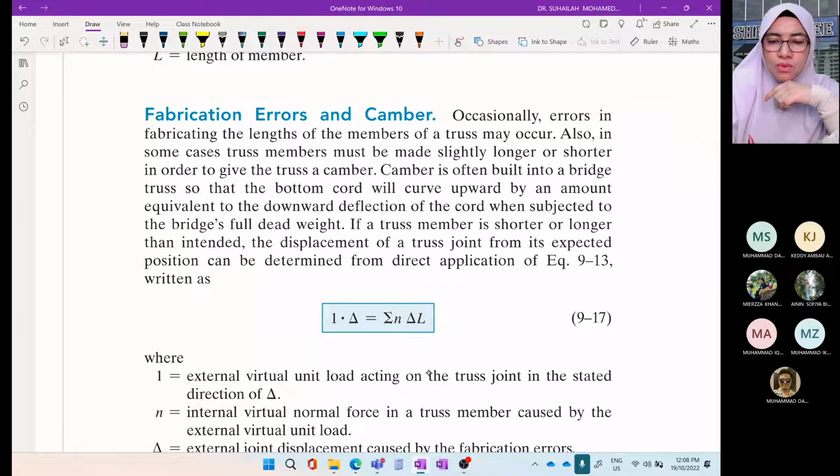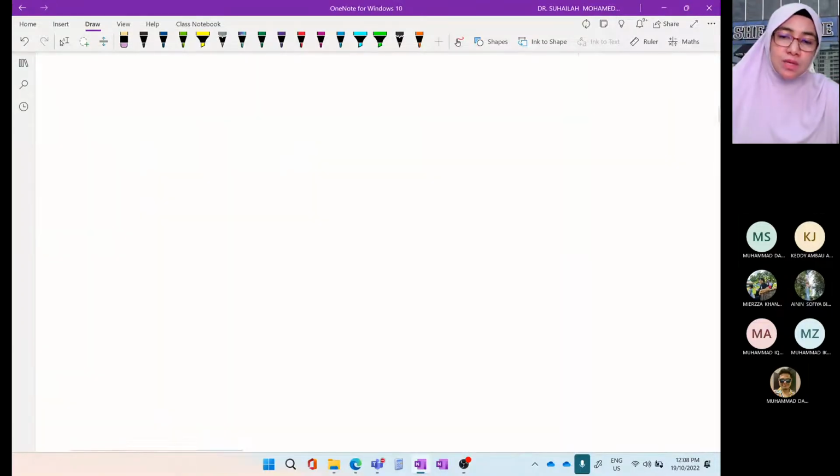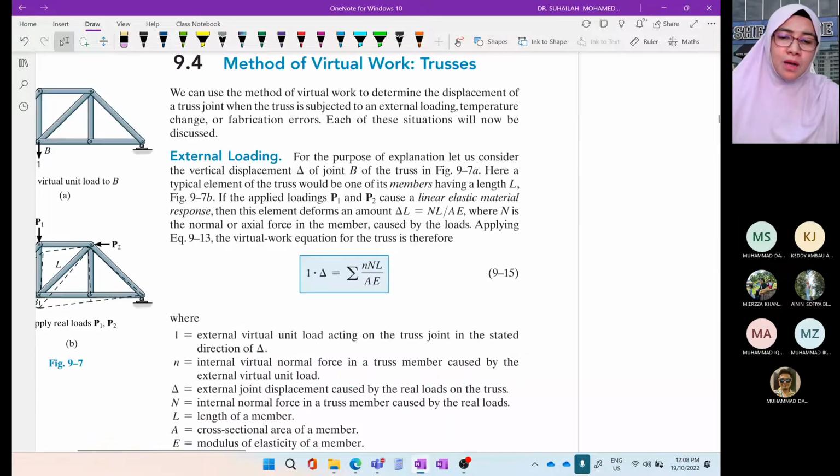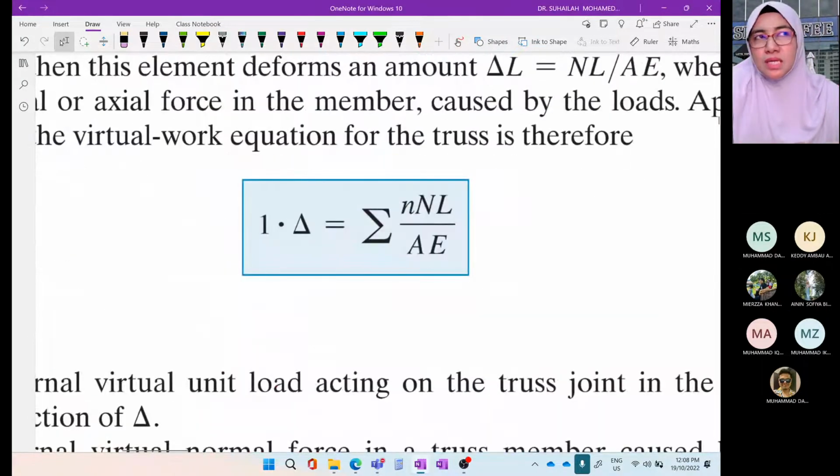Ada tak dulu cover sekali effect of temperature and fabrication error? Macam tak ada. Dia tak ada kan? Jadi masa tu you calculate deflection tu pakai formula yang tadi tu. Sebenarnya for deflection you calculate guna formula ni hanya consider external loading only.